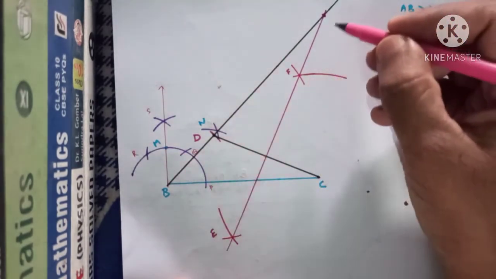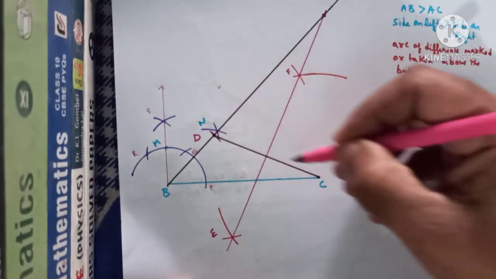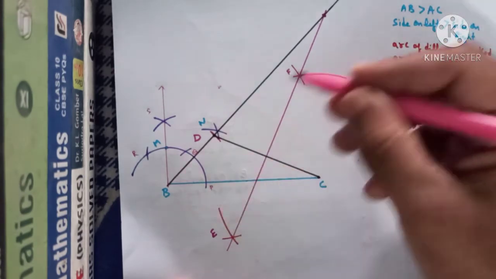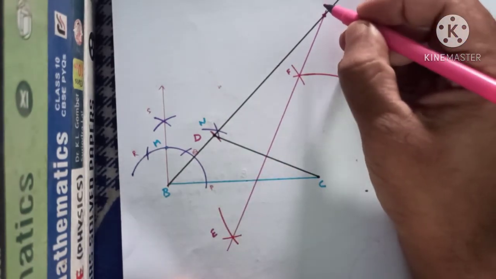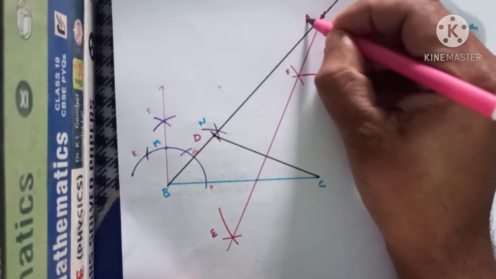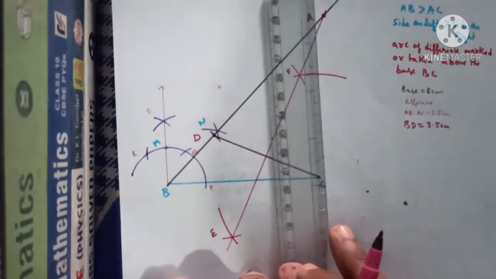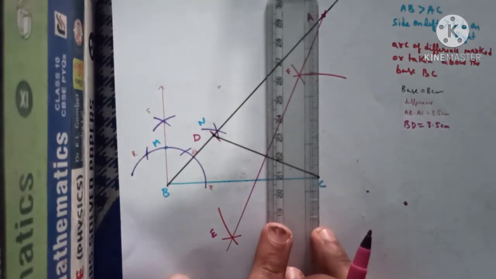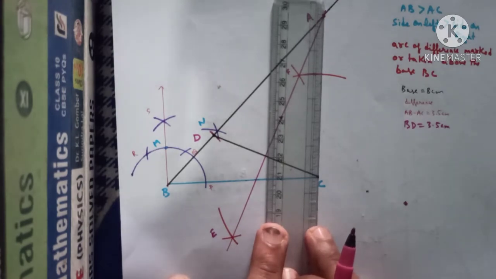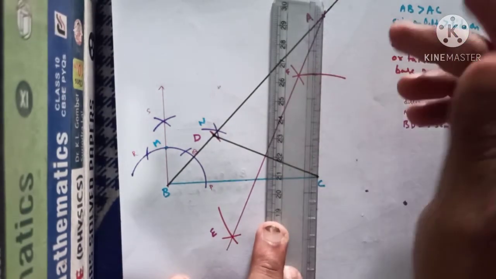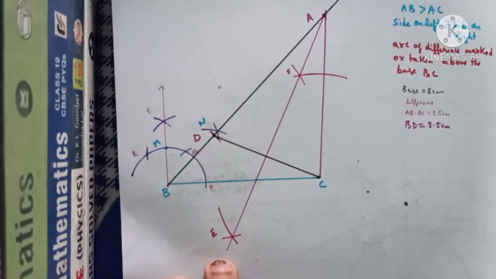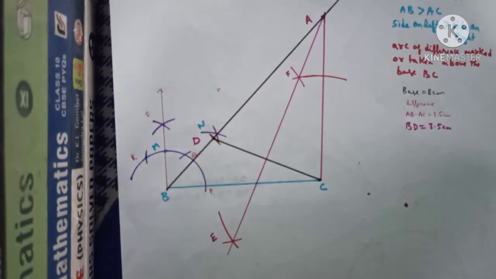So this perpendicular bisector of CD, that is EF, is intersecting the ray BX at a point, and we name this point as point A, and we'll join A to C. Okay, this ABC is the required triangle.